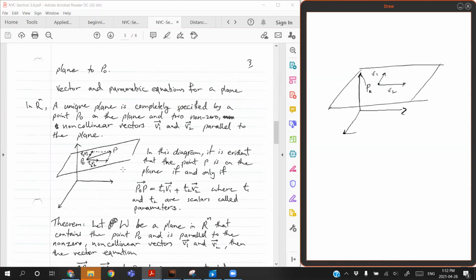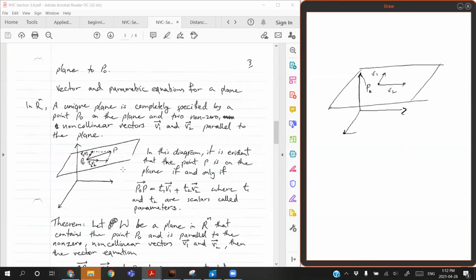You can think of infinitely many planes that pass through P0 and are parallel to v2 only. Think of v2 as a pivot and rotate the plane around it. So you see, one vector does not work.